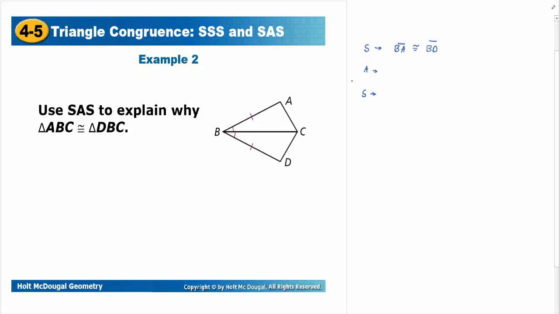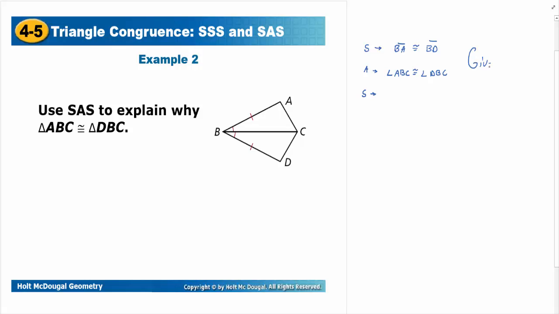So that's my side that was given. My angles: you can't just say angle B is congruent to angle B because there are two angle B's. Actually, there are three if you think about ABD. So you have to say, in this case, angle ABC is congruent to angle DBC. And that's all given.